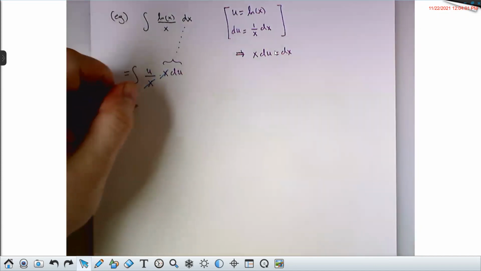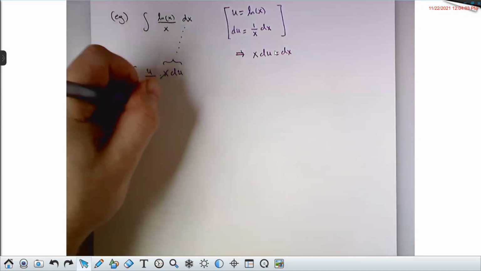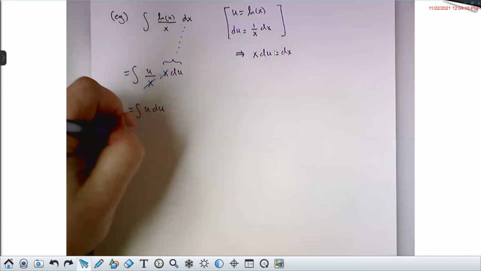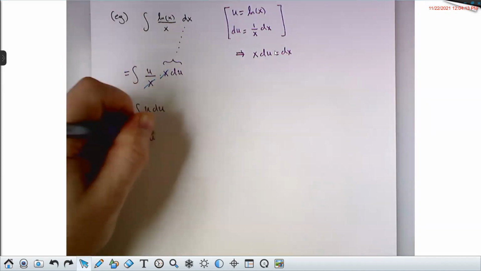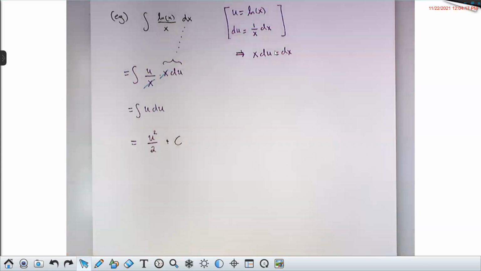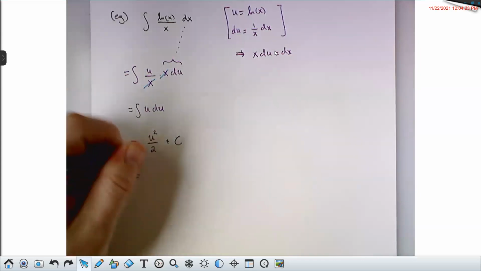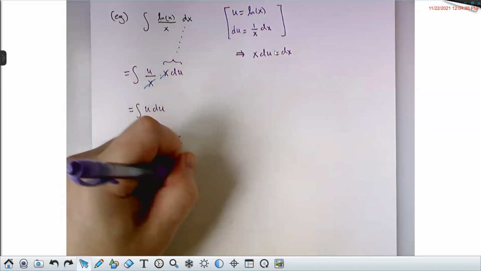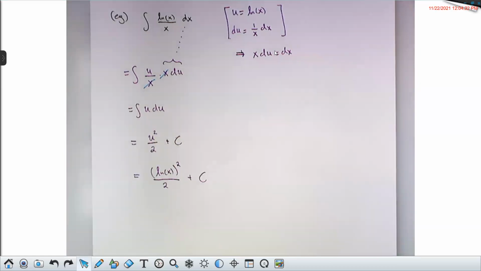And I just get the integral of u du, whose antiderivative would be u squared over 2 plus c. And then finally plugging back in, this would be the ln of x all squared over 2 plus c.